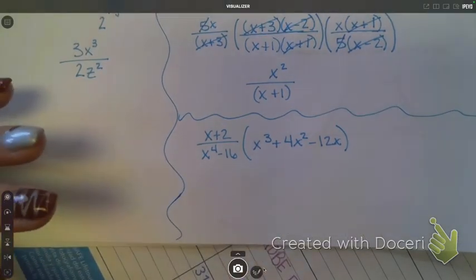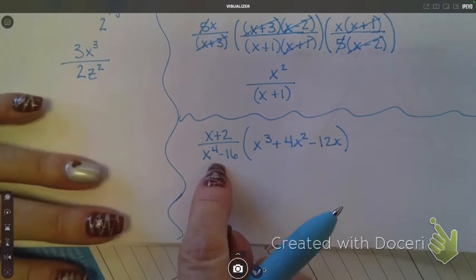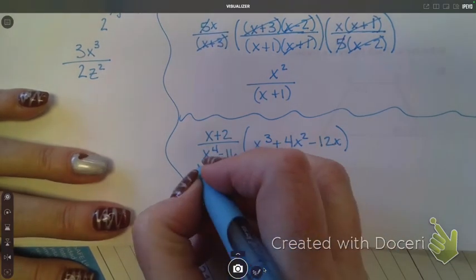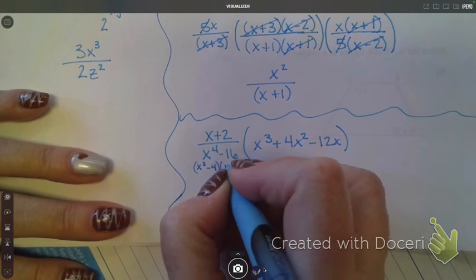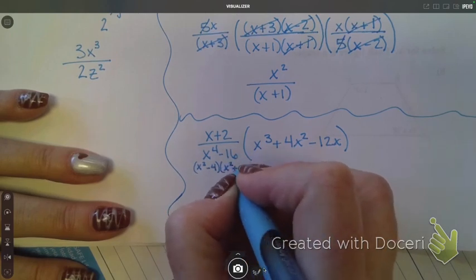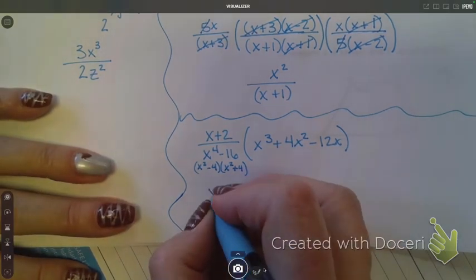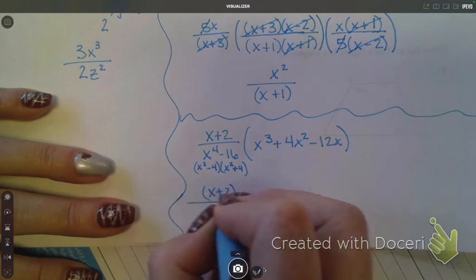How about we take care of this first? Is that a difference of squares? So I get x squared minus 4 and x squared plus 4. Am I done? I can go even further, can't I? That's why I wrote it small. So I have x plus 2, and put parentheses around that, right?